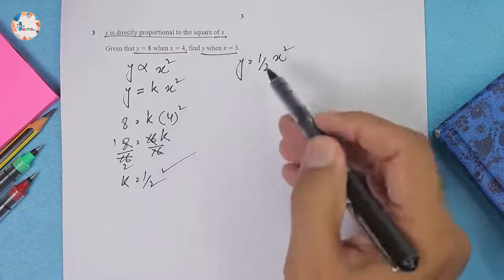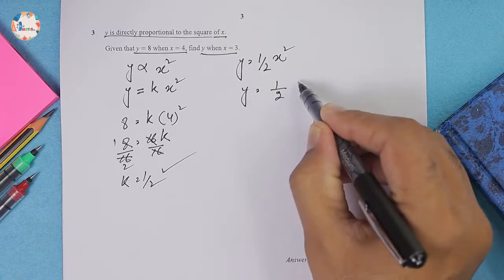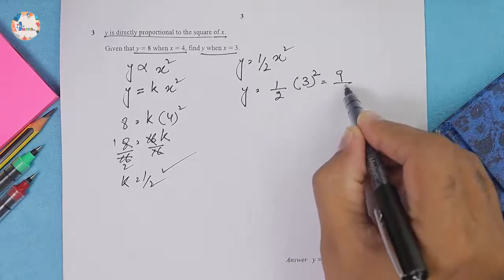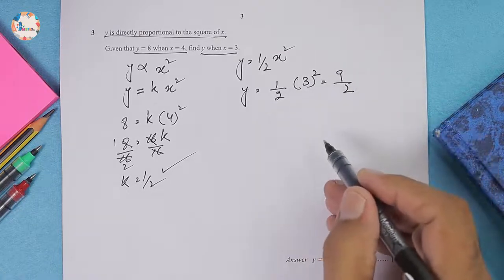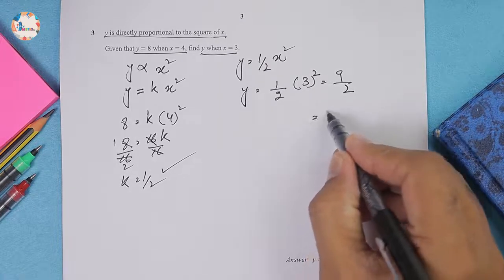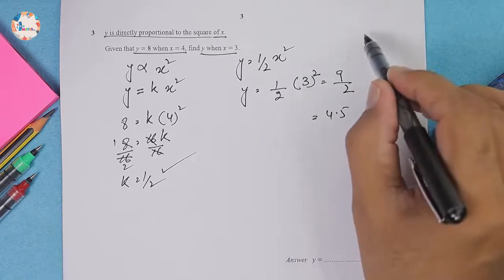Find y when x is equal to 3. It means 3 squared, which gives 9 over 2, or we can write it as 4.5.